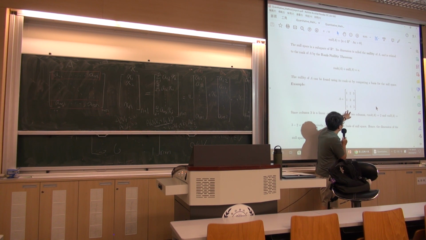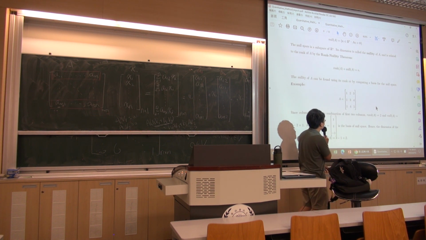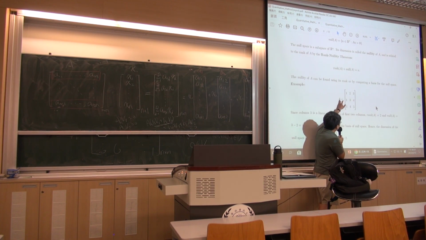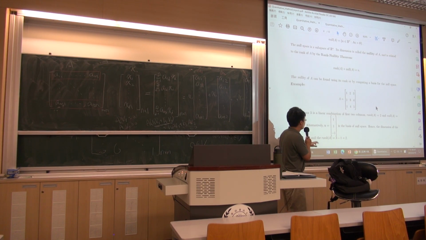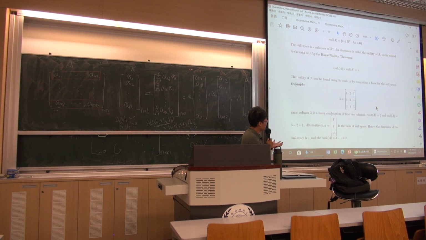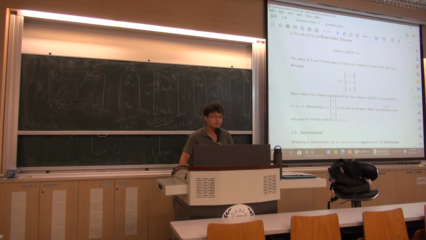You just add these two columns together and you will get the third column. Okay. So the nullity of matrix A is actually 1, and the rank of it is actually 2 because the small n is 3 here. Okay, so that's how you do this kind of problem.